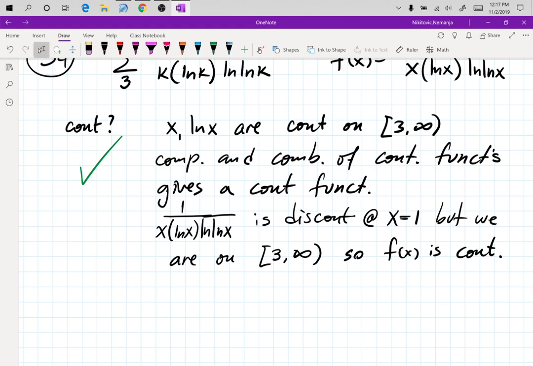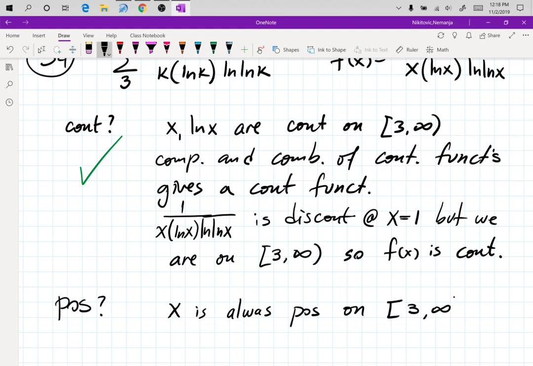The next one is going to be decreasing. No, let's do positive, because that one is cheap. Positive. See, x is always positive on 3 to infinity. Is it?